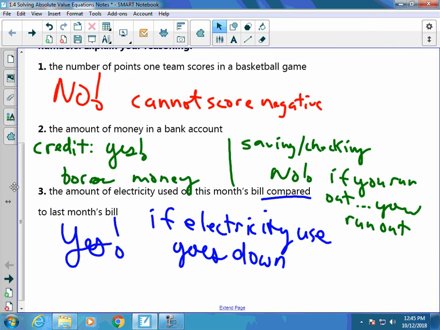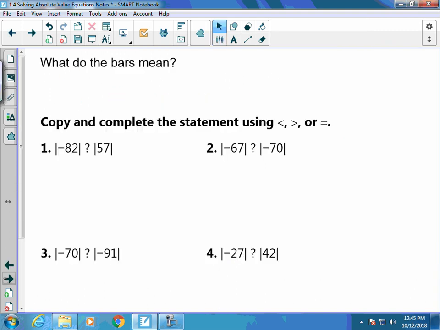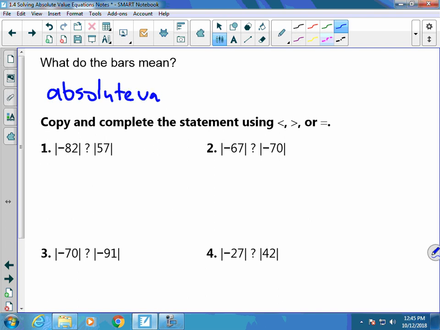Now that we've got thinking about positive, negative numbers again, we're going to start talking about these absolute value things. These bars, hopefully you remember them from a previous math class, actually represent the absolute value. There are a lot of people that have a misconception about the absolute value.